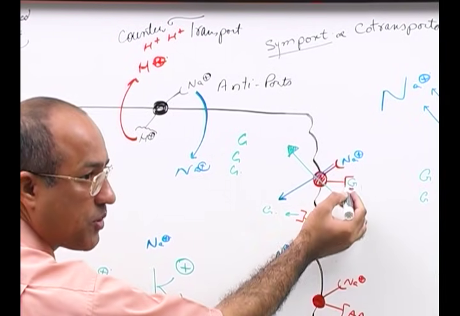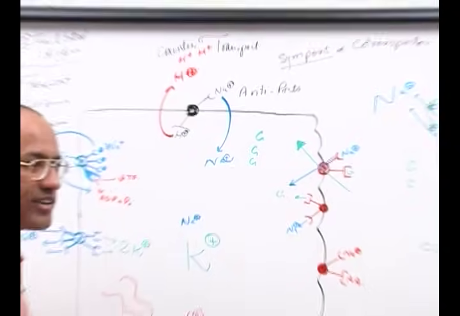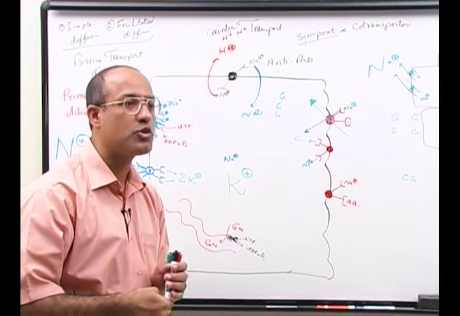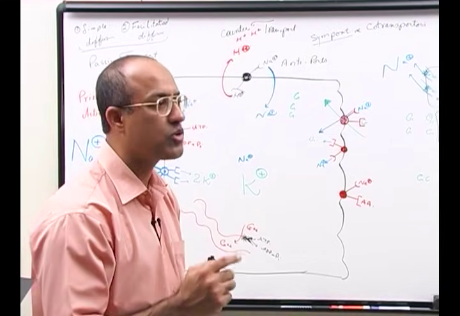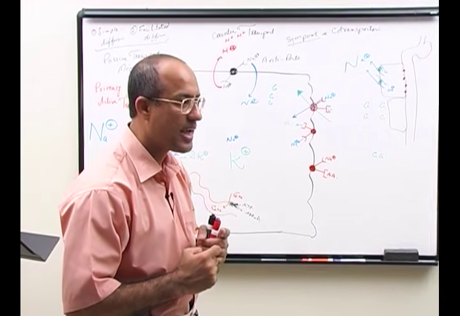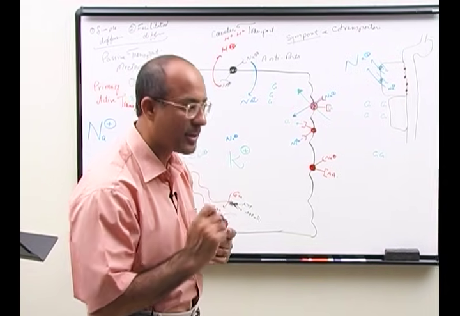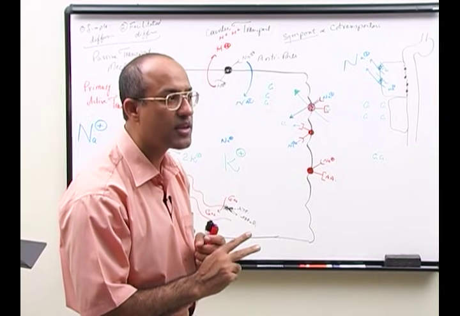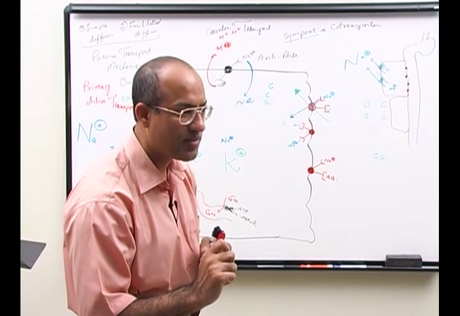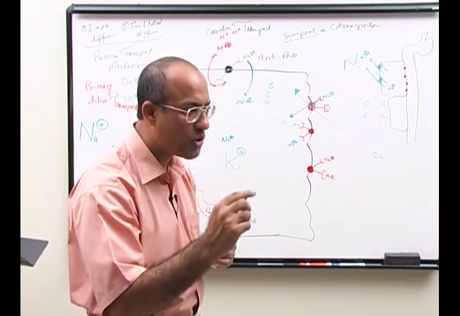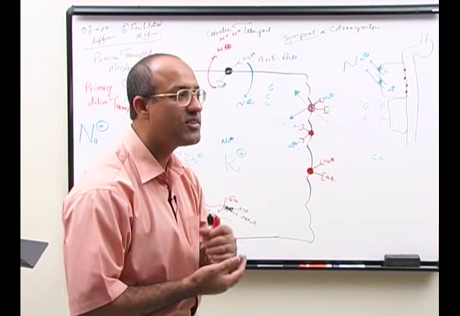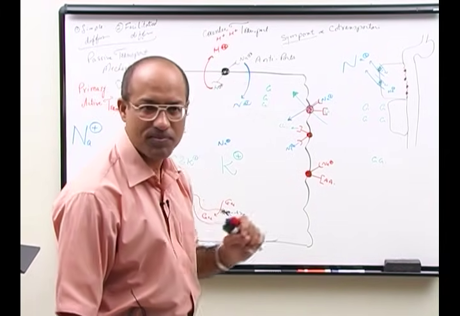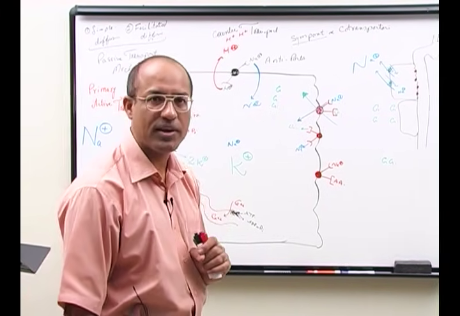You remember, they were symports, and these are antiports. So secondary active transport mechanisms are those mechanisms in which two molecules are moved across the membrane and energy is utilized indirectly. If both molecules are moving in the same direction, then these mechanisms are called symports or co-transporters. If both molecules are moving in opposite directions, these are called counter transports or antiports. Am I really clear? Let's have a break.